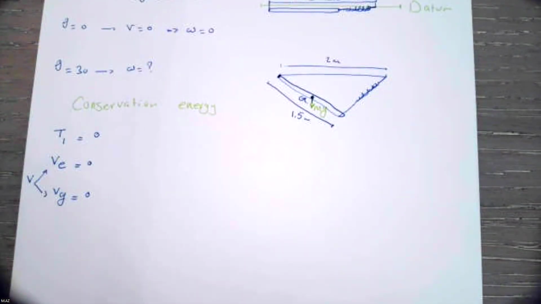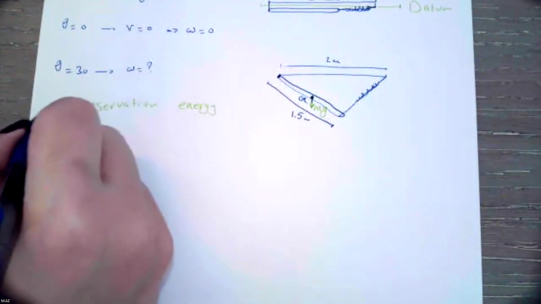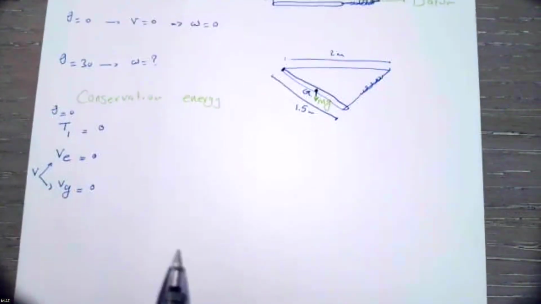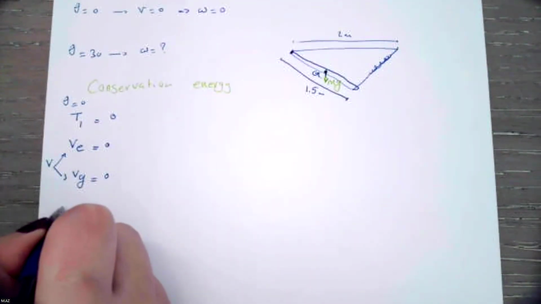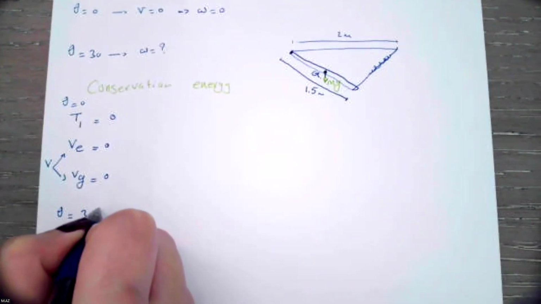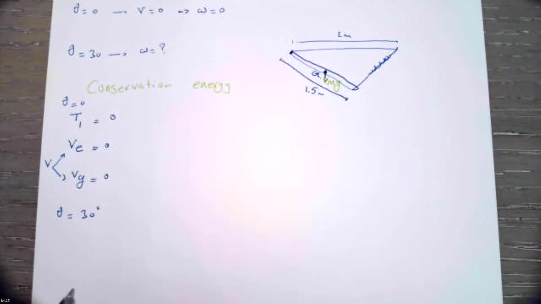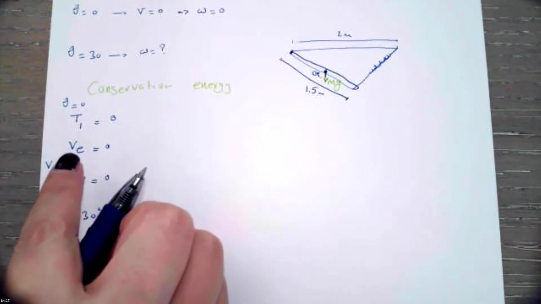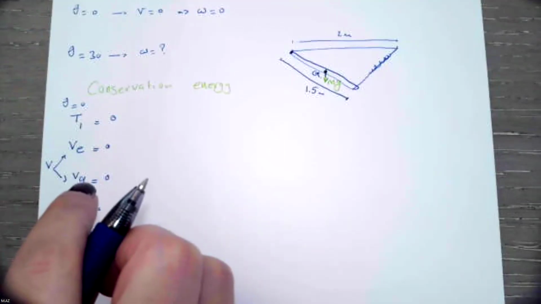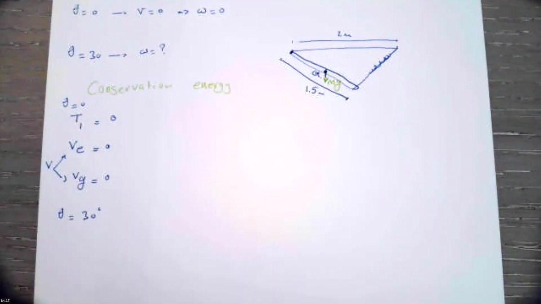This is about once theta is 0. But once the angle is 30 degrees, now we have to find the potential energy and kinetic energy.